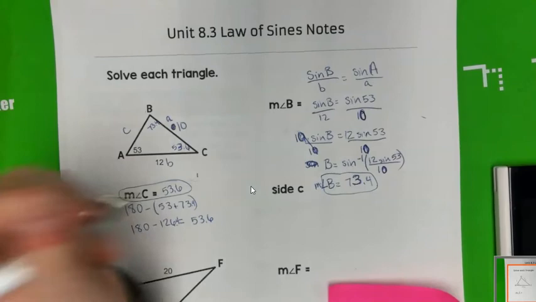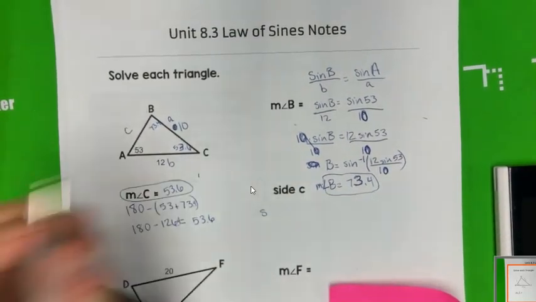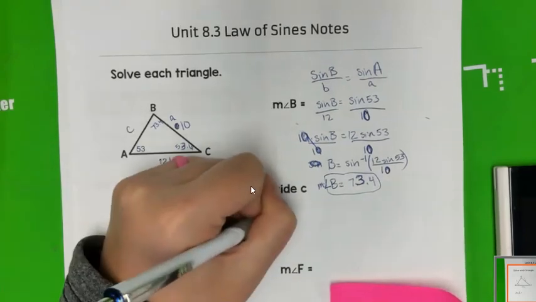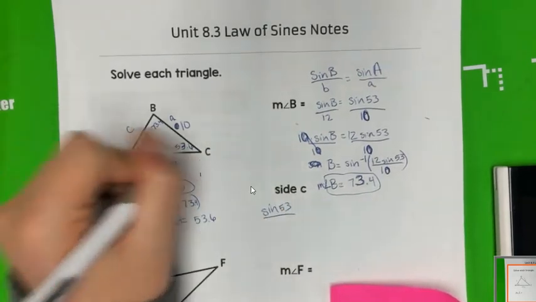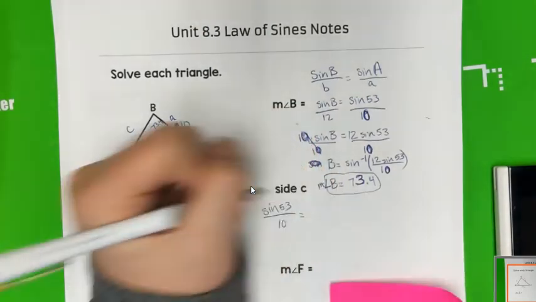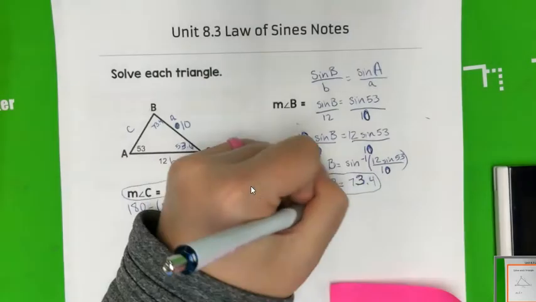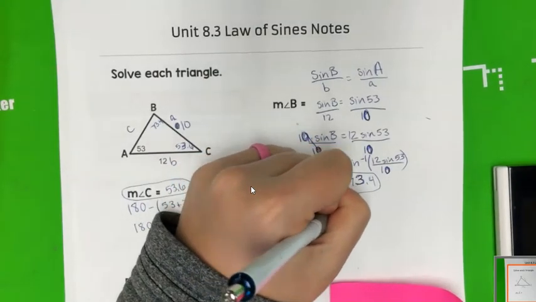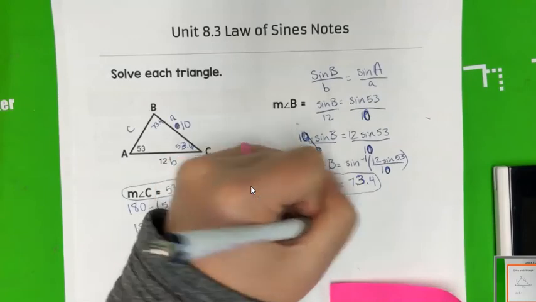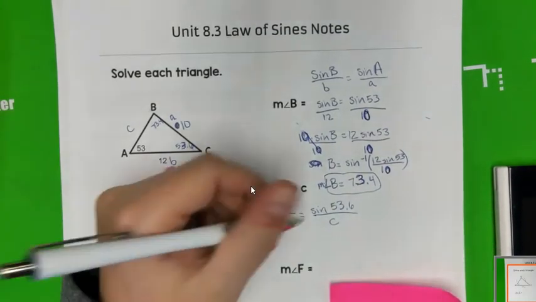So I'm going to use the same thing with sine A. So sine of A over side A is 10. And then we'll do the same thing for C. So sine of 53.6 over C, which we don't know what it is.